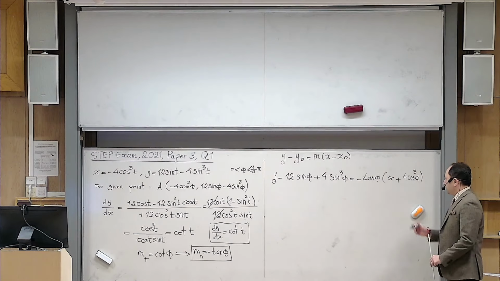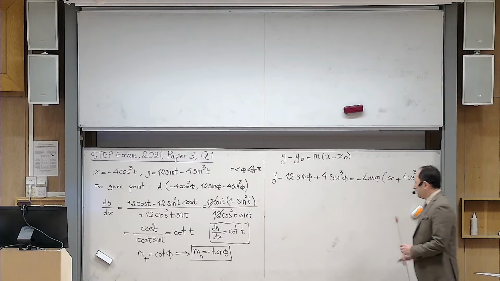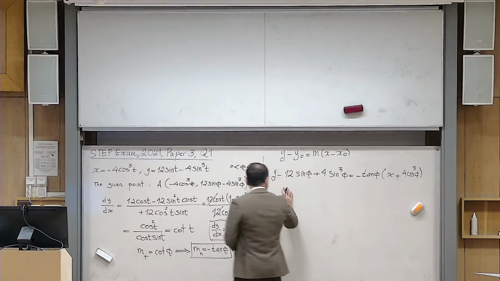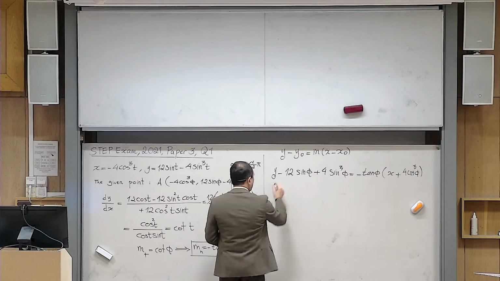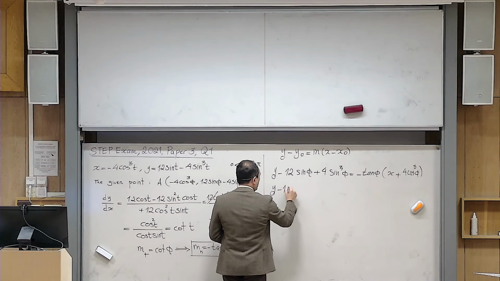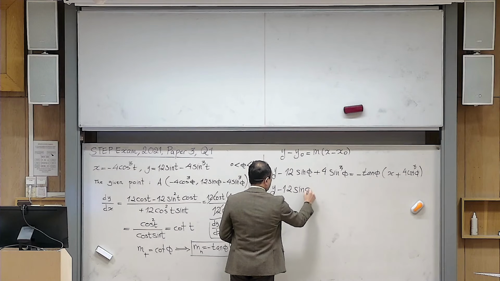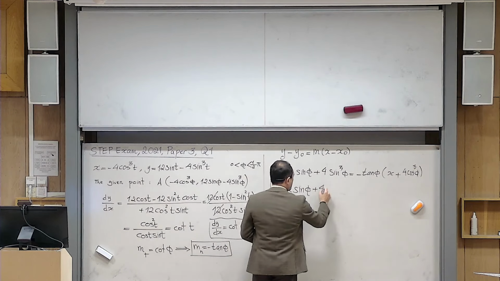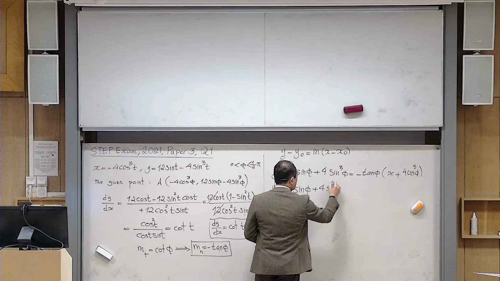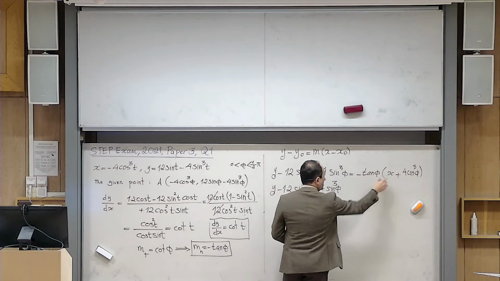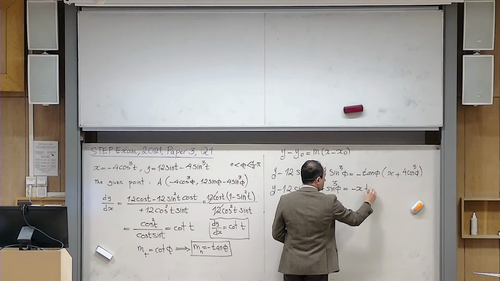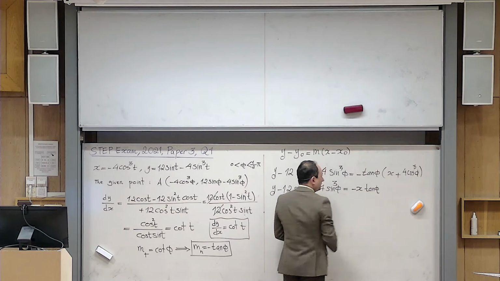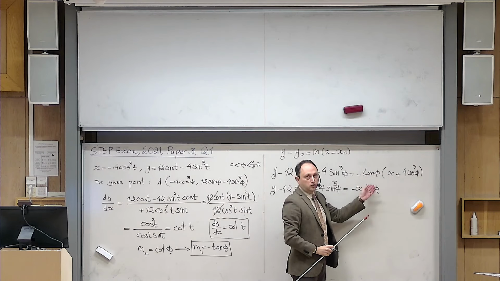Of course, you cannot resist to simplify that, me neither. So let me just simplify it to see if we can write something better. So this becomes y minus 12 sine phi, and then I have plus 4 sine phi cubed, and then I multiply it in, so this becomes minus x tangent phi, and tangent is sine over cosine.